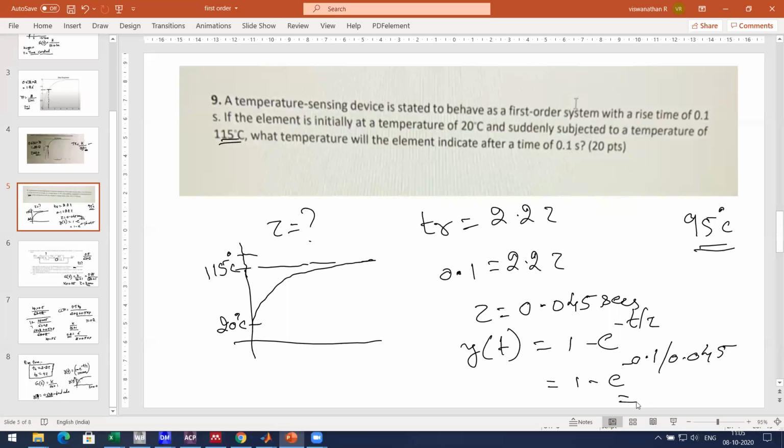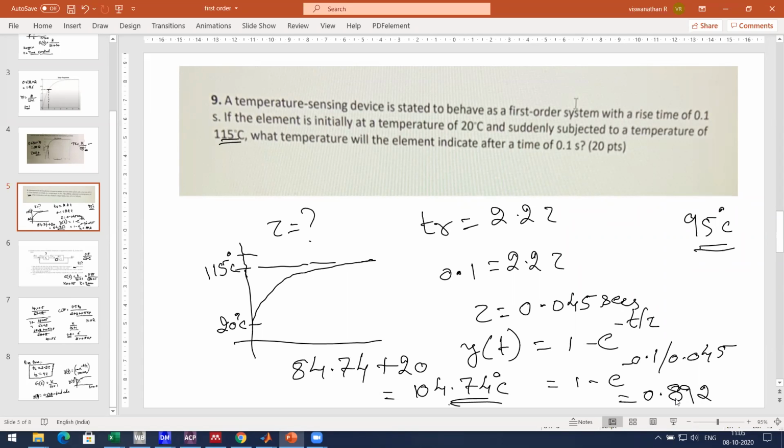How much is this? 0.892, sir. 0.892 multiplied by this 95 gives 84.74. 84.74 plus this 20 is 104.74. So 104.74 degrees centigrade it will indicate.